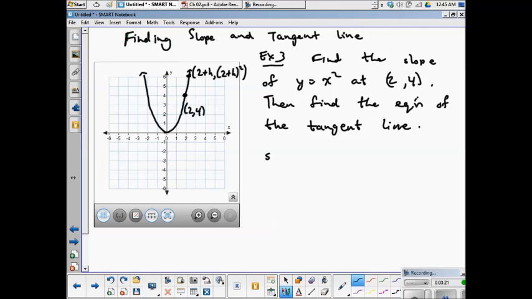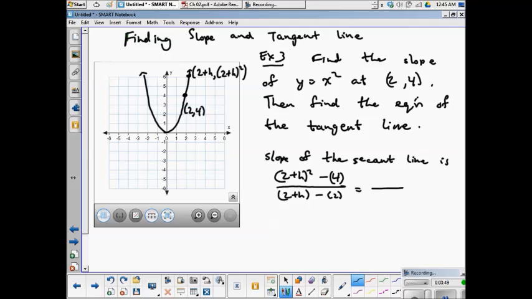Okay, so the slope of the secant line is, again, y2 minus y1 over x2 minus x1.